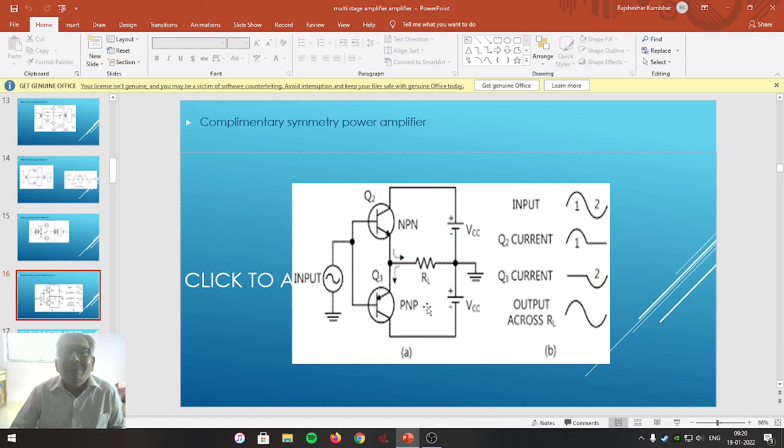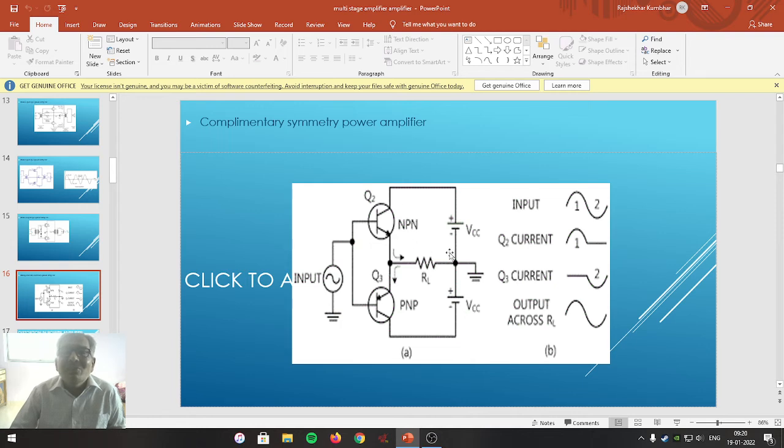When Q3 conducts, collector current IC2 will flow through the load resistance RL. Suppose the bases of both the transistors receive the negative half cycle with respect to ground. When it receives the negative half cycle, as transistor Q2 is NPN, its emitter base junction is reverse biased and now it doesn't conduct the current.